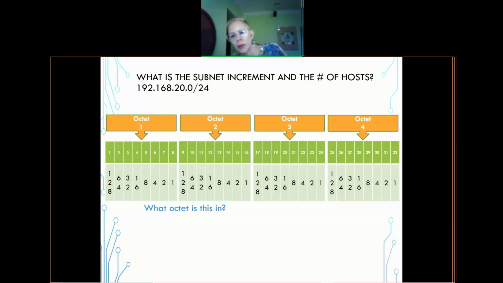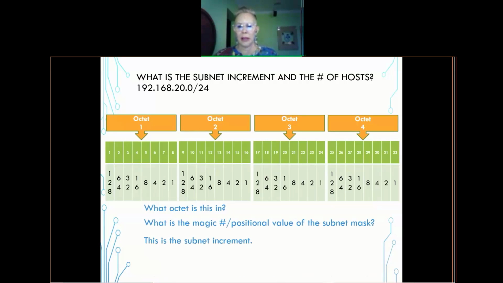Now, where does the last network bit fall? What positional value? Yeah, it's going to be the 1.